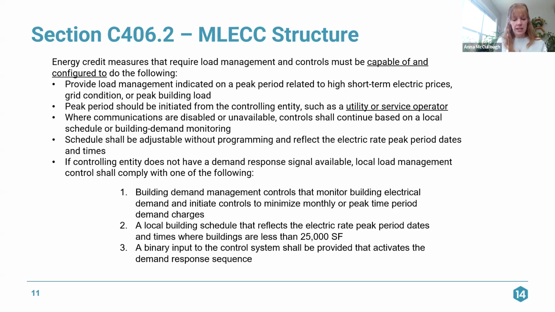So we're basically looking at the data and determining how we can reduce that peak when the best time makes sense. It can be a local building schedule that reflects the electric rate peak period dates and times. And then you just have that schedule that's always in place. That's only available if your building is less than 25,000 square feet. Or it can be a binary input to the control system that activates the demand response sequence. So you say, yes, go.